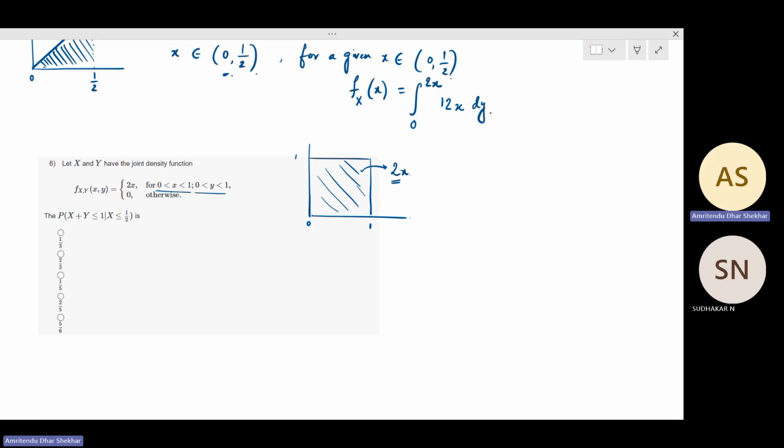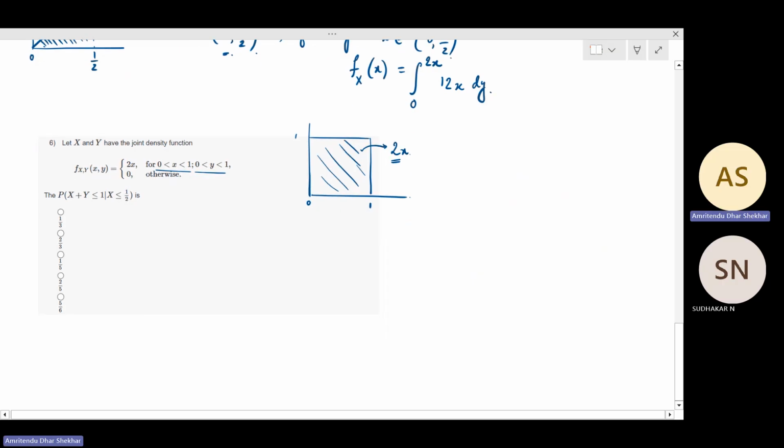Now we again have to compute a conditional probability. There are two kinds of events: one kind involves just one of the variables, and the other kind involves both the variables.